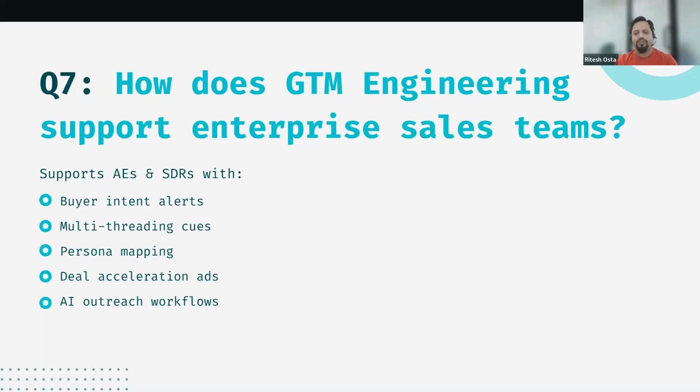So I think the first thing that is going to be supported is buyer intent and signal alerts. Then multi-threading queues, right? For example, if you have 4 different products and 5 different ICPs, that is 4 into 5, 20 permutations and combinations. For the human mind, after a certain point, it becomes too complex. I think this is where AI can play a good role.